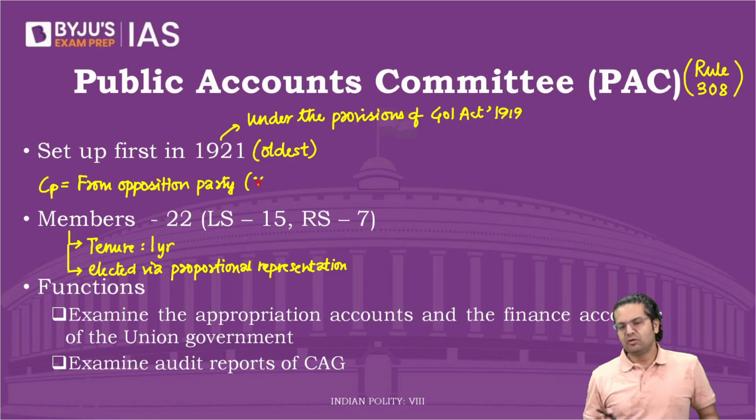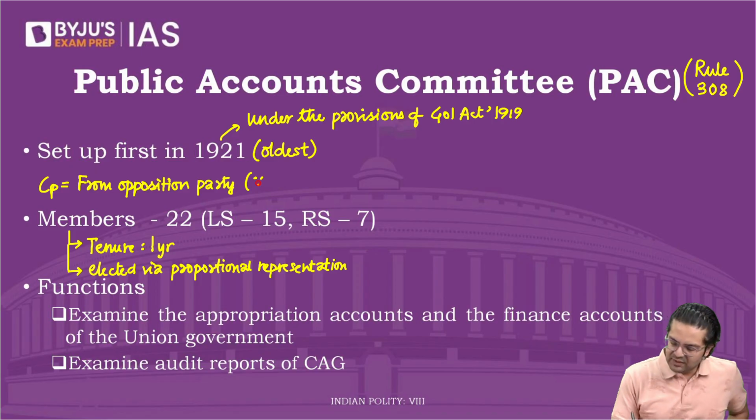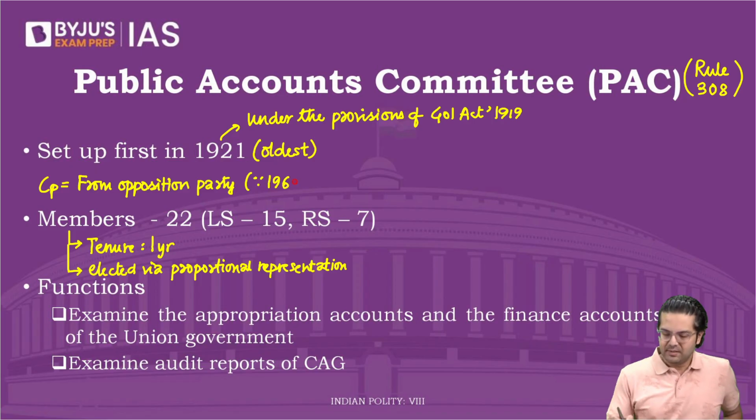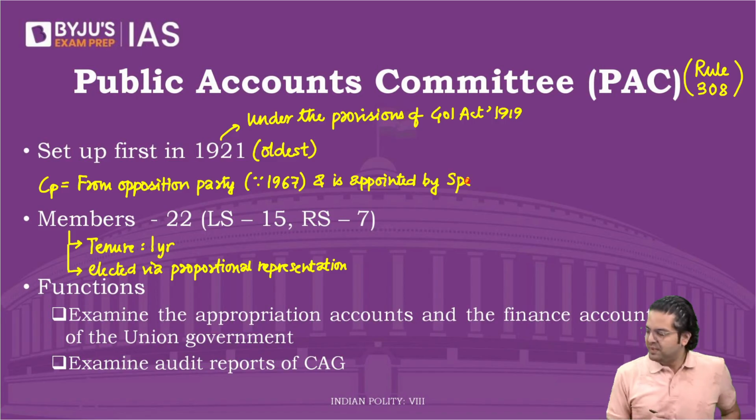The chairman used to come from the ruling party, which made no sense. But thankfully now, better sense has prevailed. Since 1967, the chairman comes from the opposition party and is appointed by the speaker.